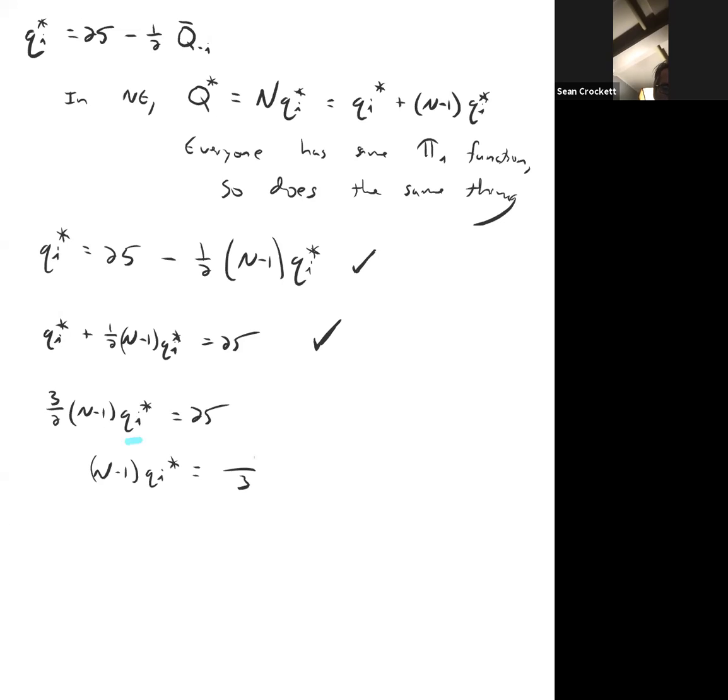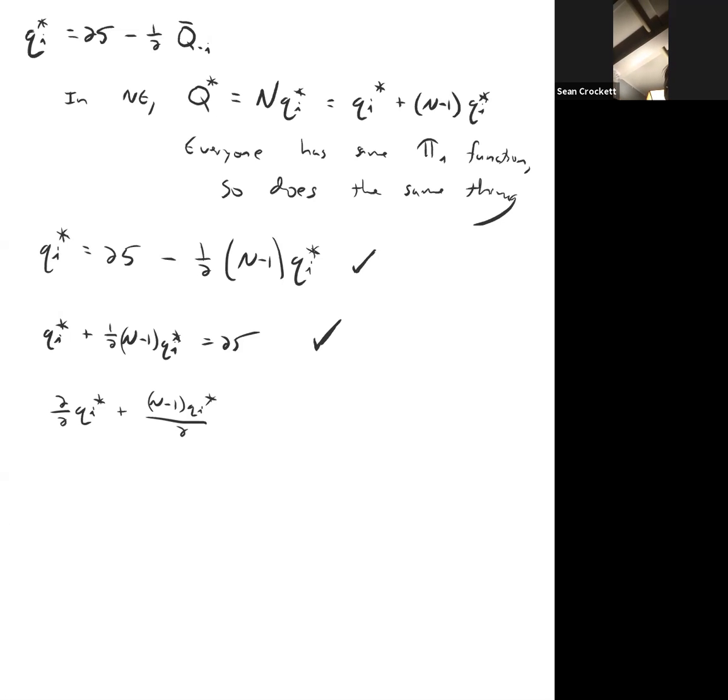So I can put, so this is equal to 2 over 2 qi star plus n minus 1 qi star over 2.